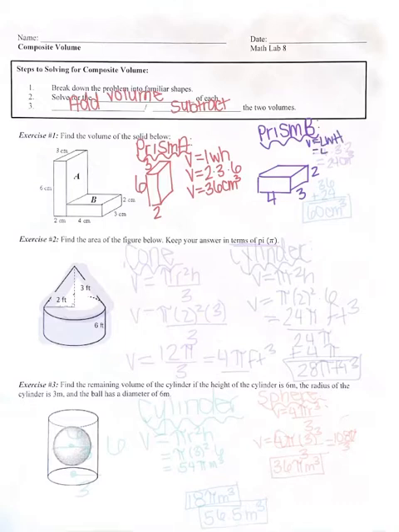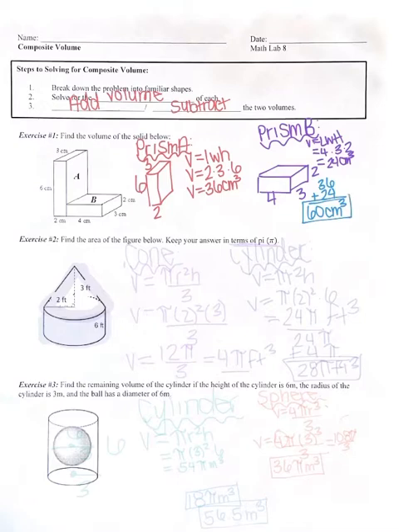Let's plug in. We have 4 times 3 times 2, which gives us 24 centimeters cubed. So we have the volume of one part, we have the volume of the other. To find the volume of that entire thing, we're going to want to add them. So we have 36 plus 24 gives us a total of 60 centimeters cubed.